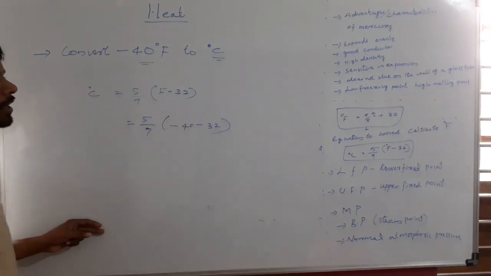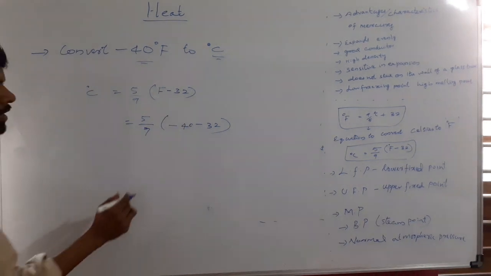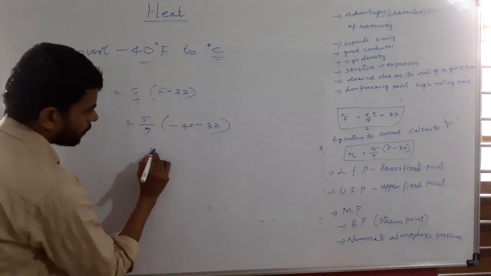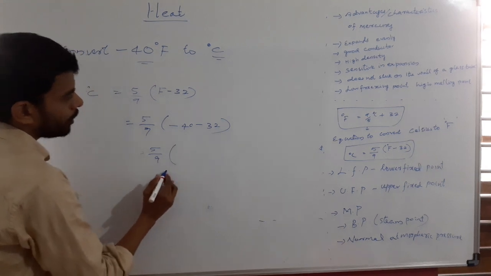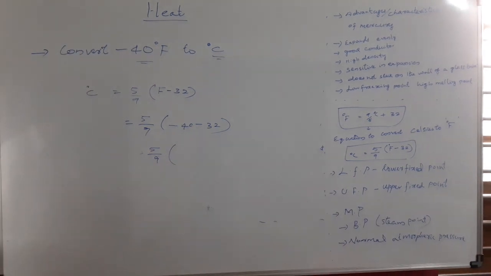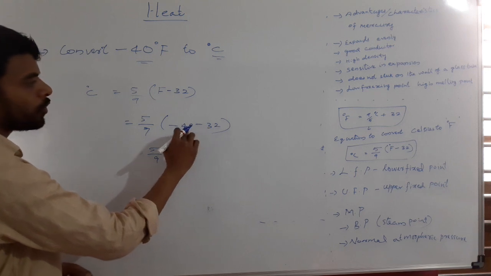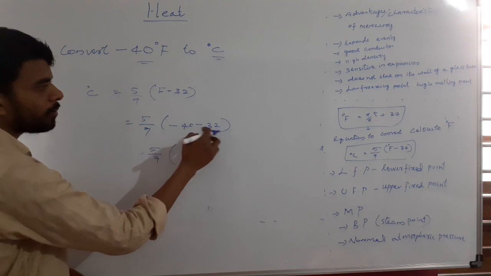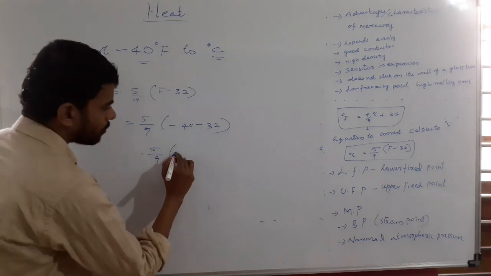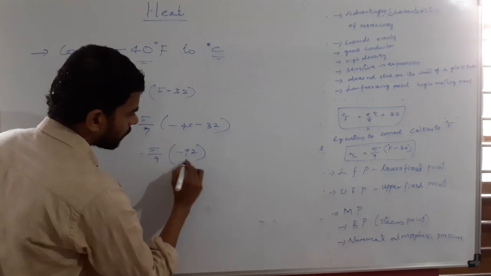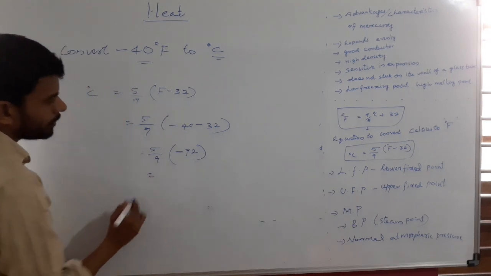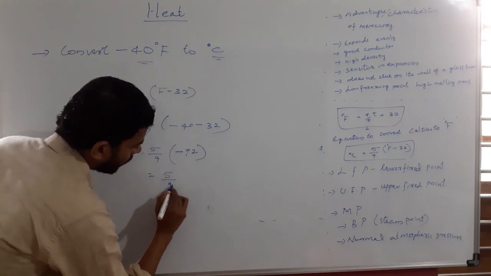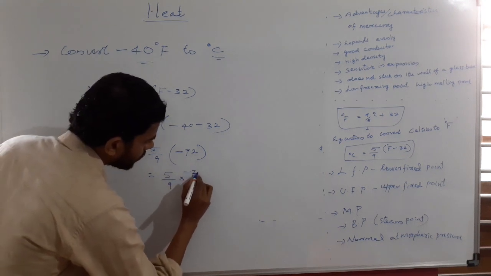Here I am omitting the degree symbol. So minus 40 minus 32. That is 5 by 9 into minus 40 minus 32, which is nothing but 40 plus 32, that is 72. So minus 40 minus 32 is minus 72. Now we can write it as 5 by 9 into minus 72.